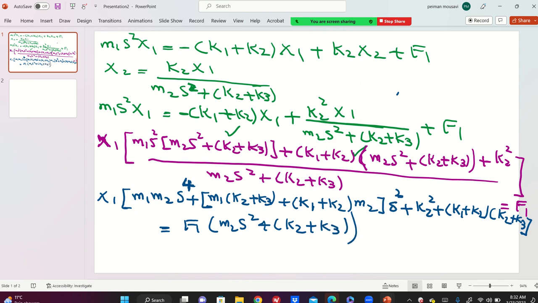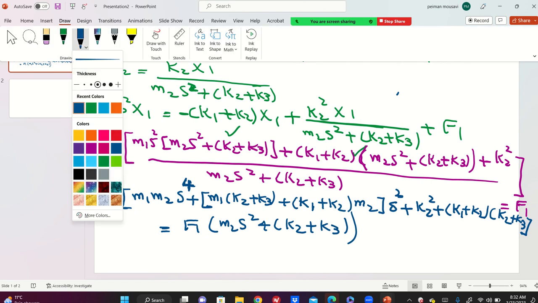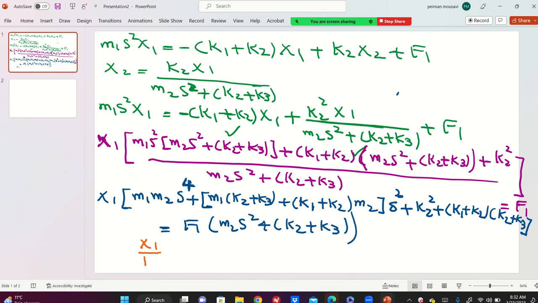There we go. So the closed transfer function of x1 over f1, or stay open loop transfer function here, I'm gonna tell you why.